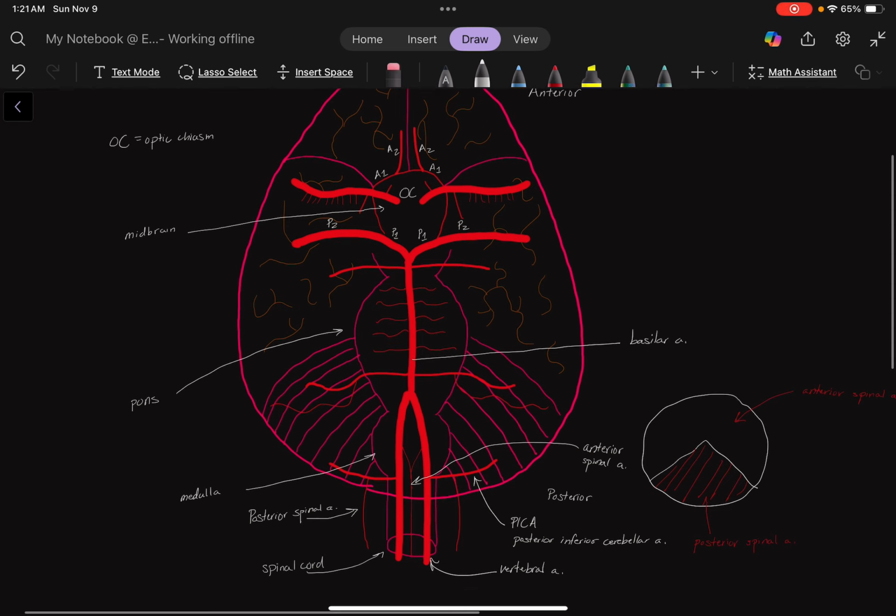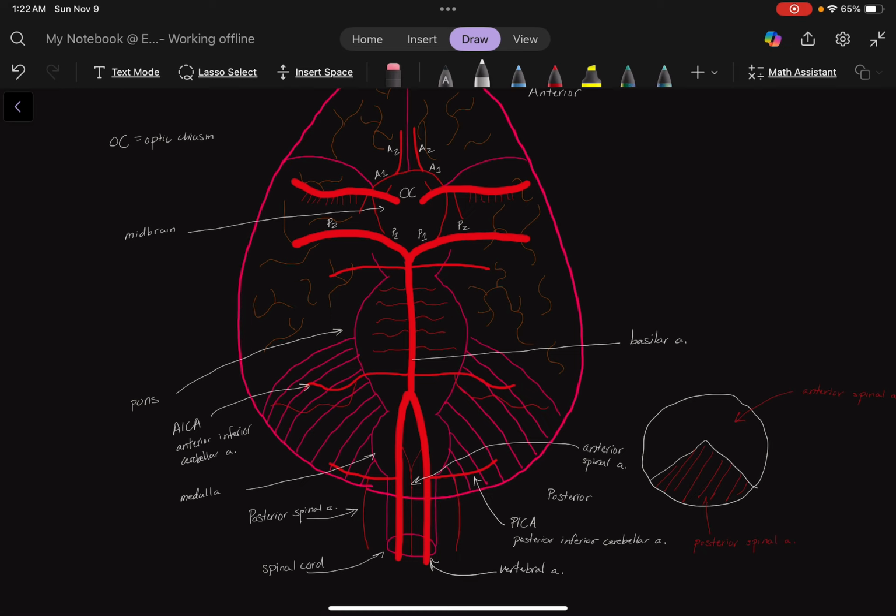And the first branch, this is very important for exams, the first branch coming off the basilar artery is AICA, or the anterior inferior cerebellar artery. Now just think about it, guys.